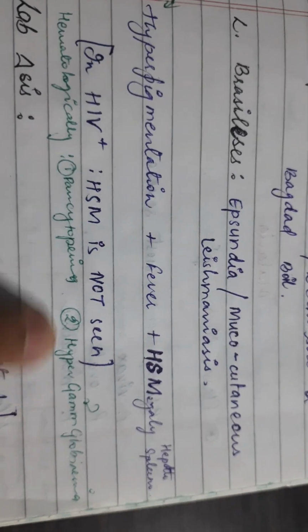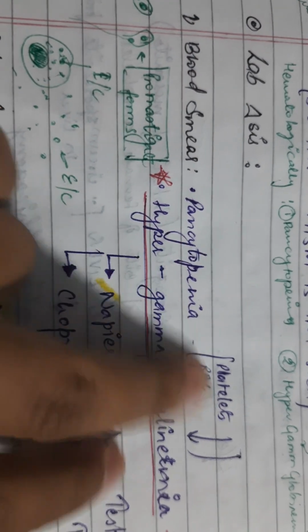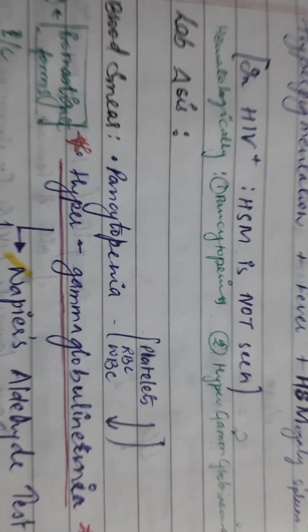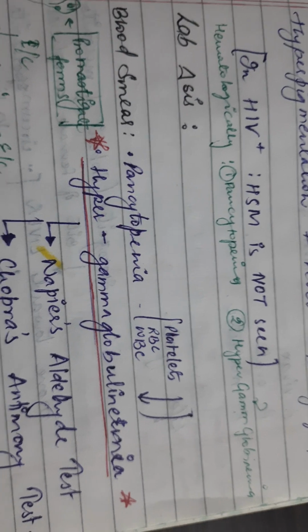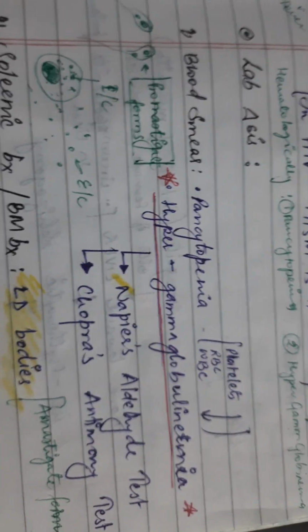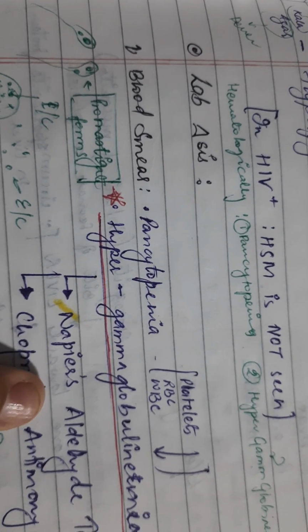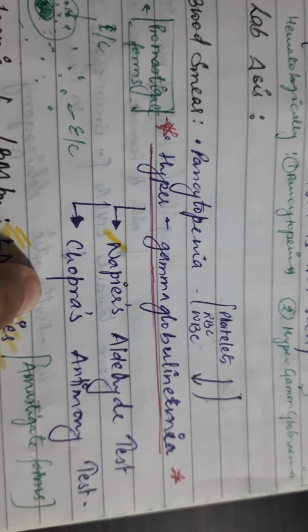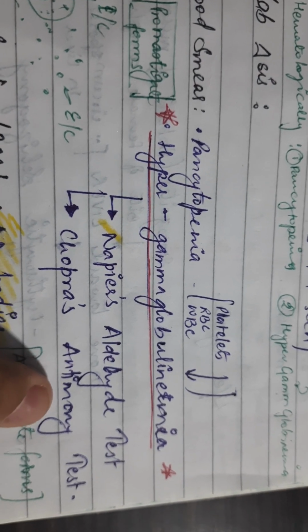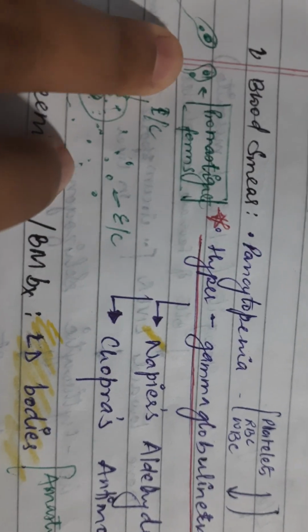Lab diagnosis: blood smear shows pancytopenia, all counts decrease, and hypergammaglobulinemia is seen. We also do Napier's aldehyde test and Chopra's antimony test.